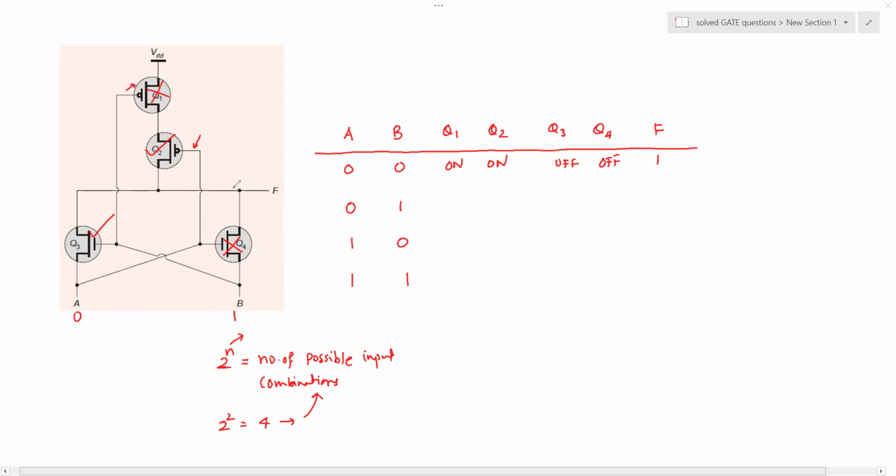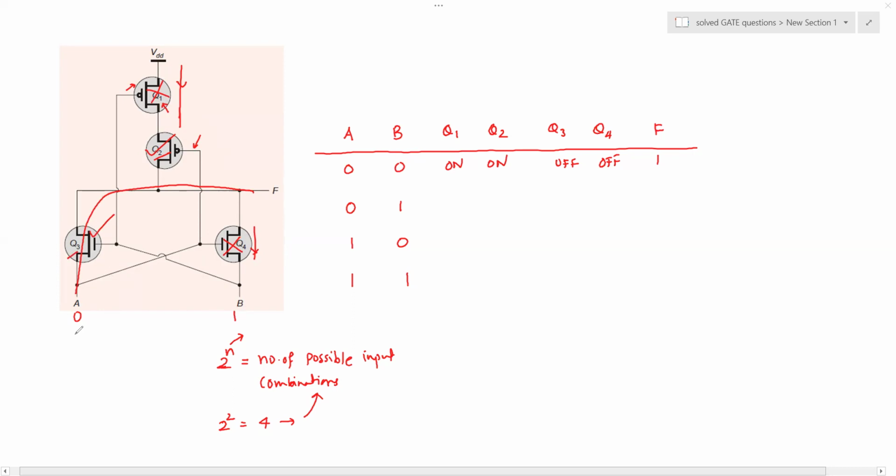So you see now there is no current flow from the VDD towards F, because this upper transistor Q1 is switched off while it is on. But here also there is no path for current to flow, but there is a path through this transistor Q3.